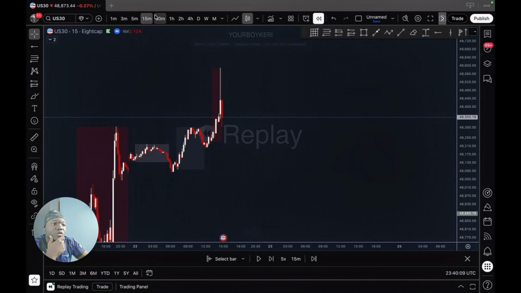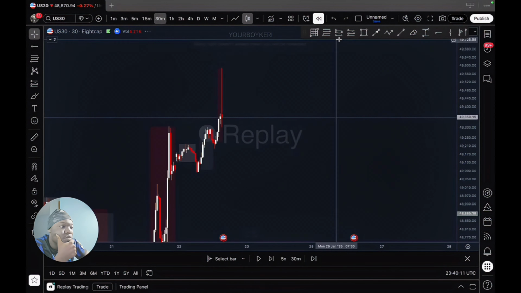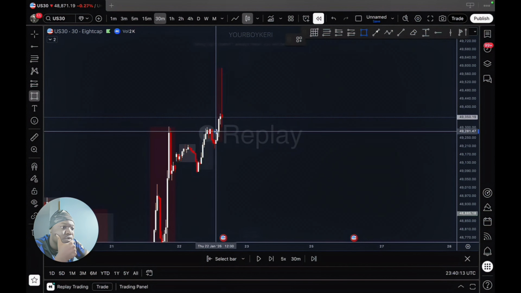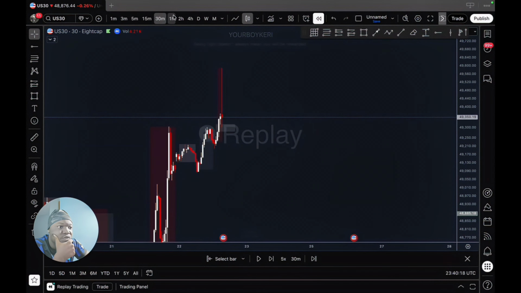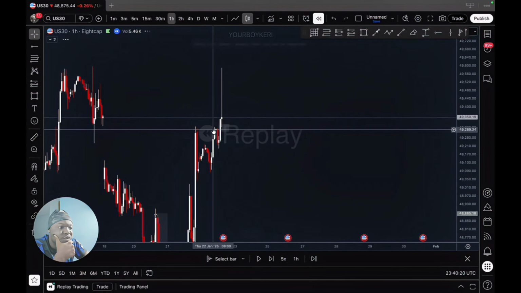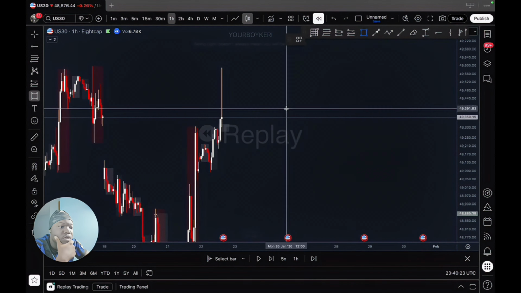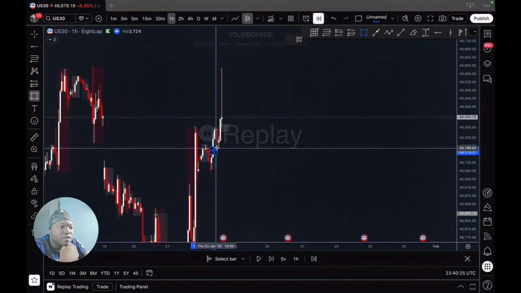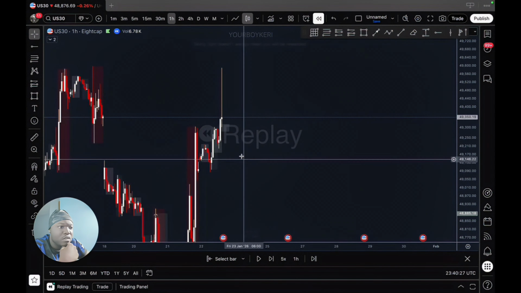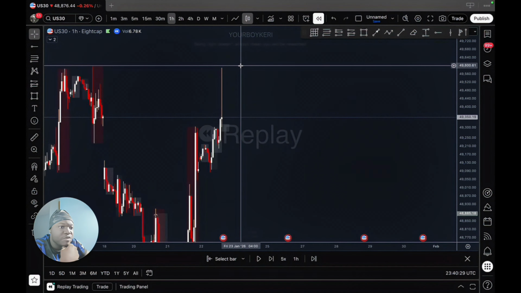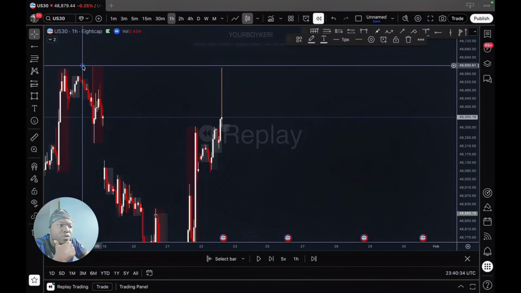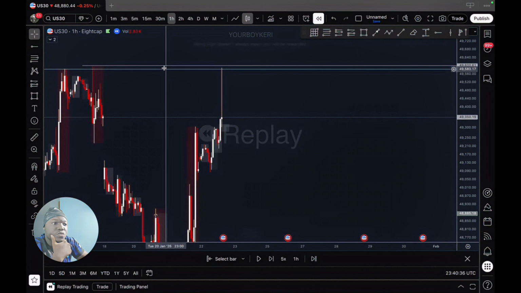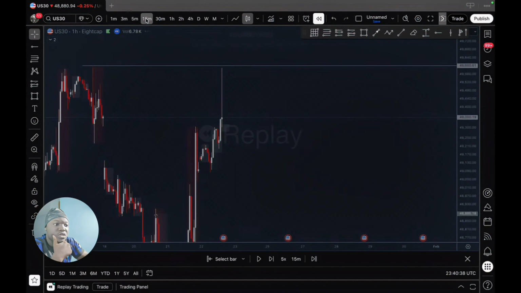On the 30-minute, we had this gap sitting over here. Price reacted off an hourly gap before giving this break up. You can see price reacted off this area before going up. So I expected price to come in and take out these highs up here. I came down to the 5-minute.